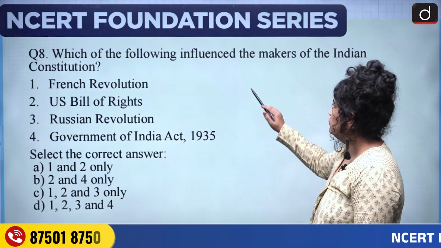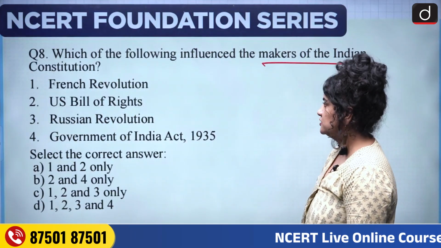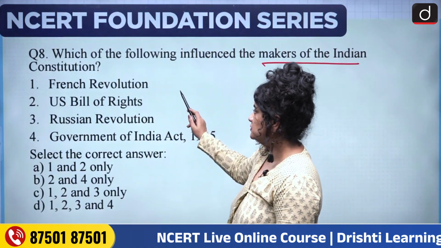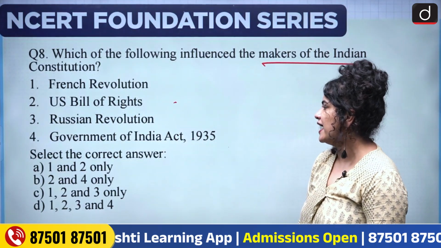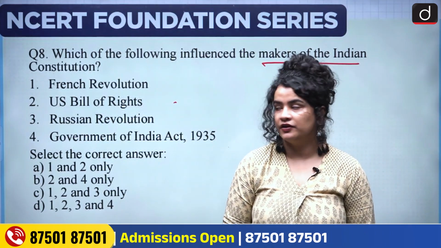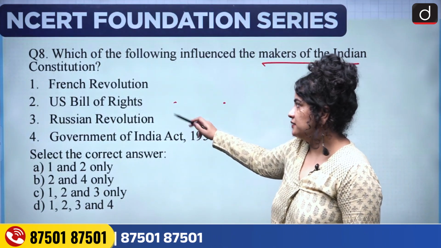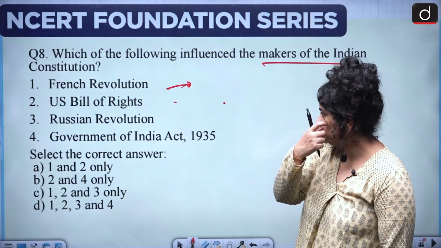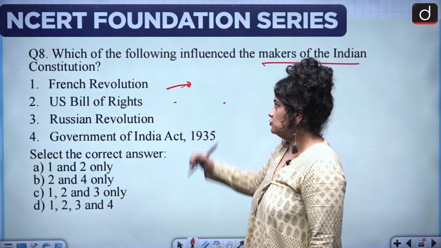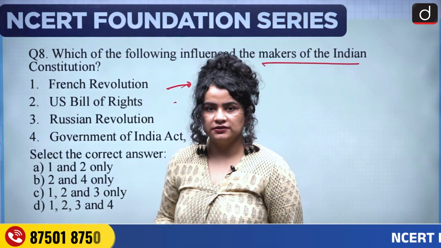Which of the following influenced the makers of the Indian Constitution? French Revolution, US Bill of Rights, Russian Revolution or Government of India Act 1935? See, if you've read a bit of history, then French Revolution actually did lead to a republican form of government, okay?